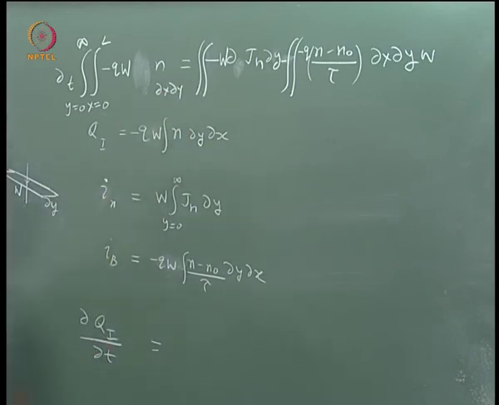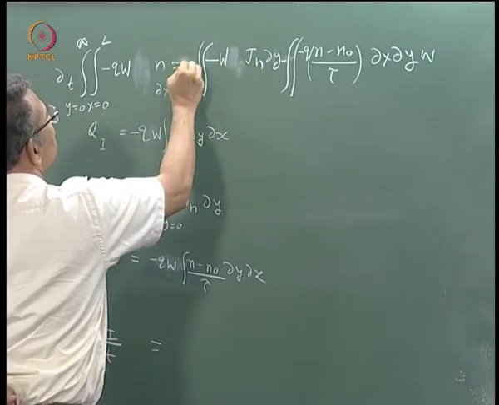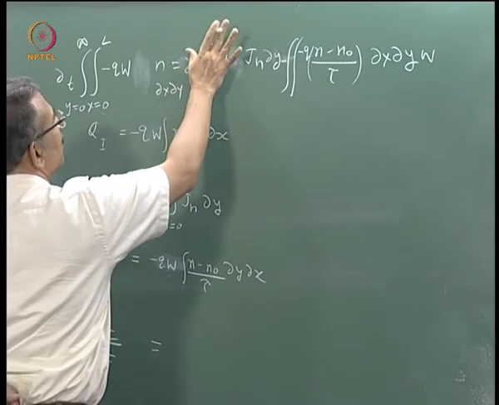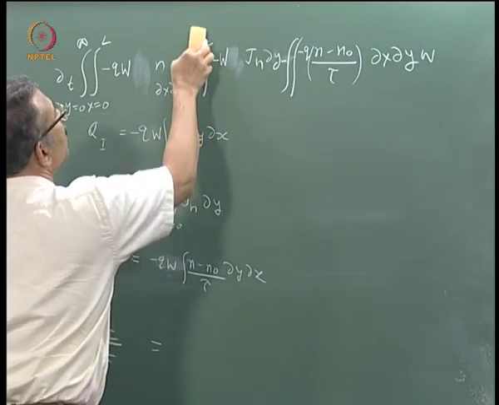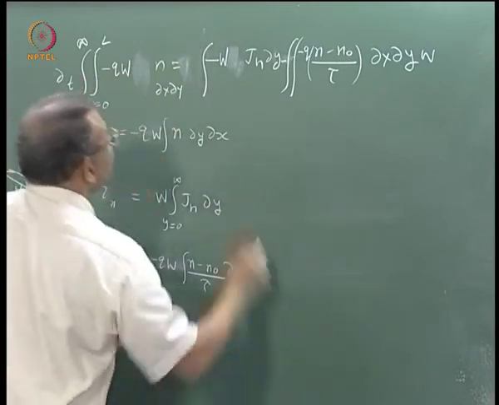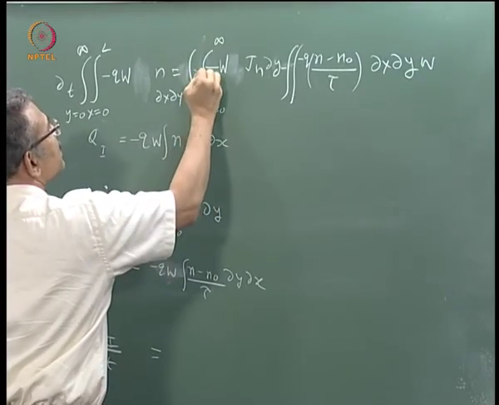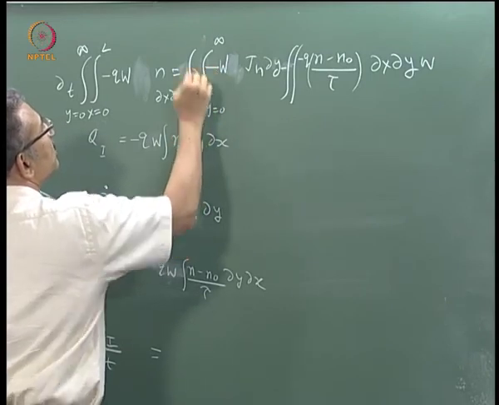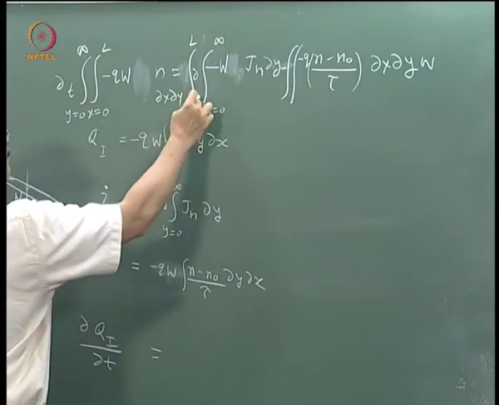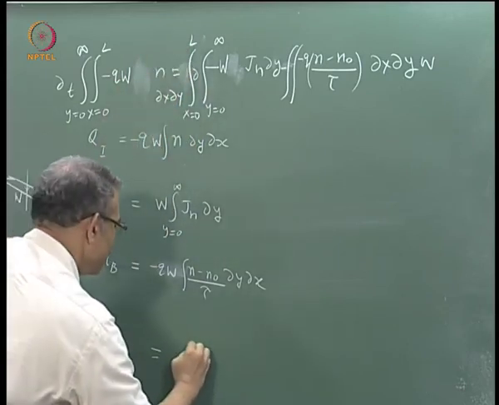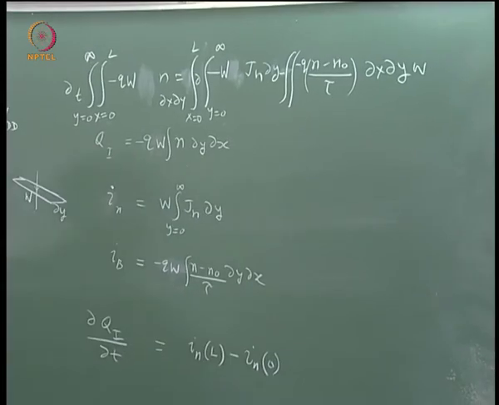And there is a ∂ of Jn. So when I move this ∂ out here, I can integrate from y equal to 0 to infinity, and when I integrate with respect to x, I take the ∂ out here, from x equal to 0 to x equal to L. So this quantity really will turn out to be, according to this result, the value of In at x equal to L minus the value of In at x equal to 0.